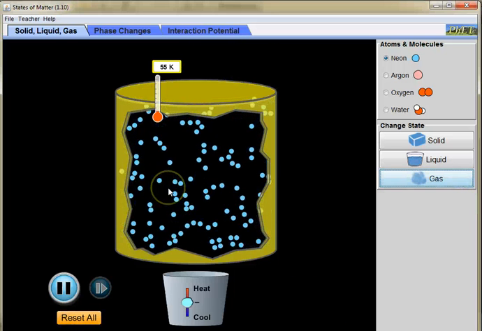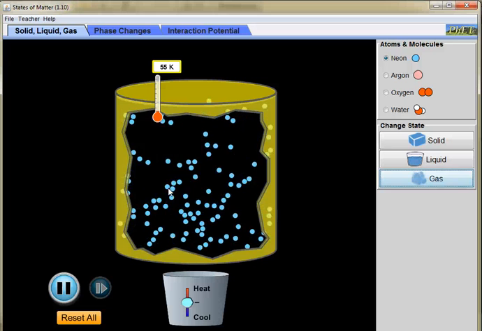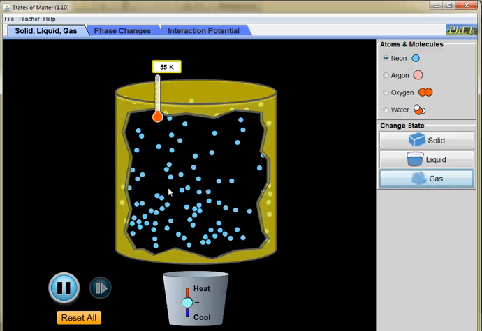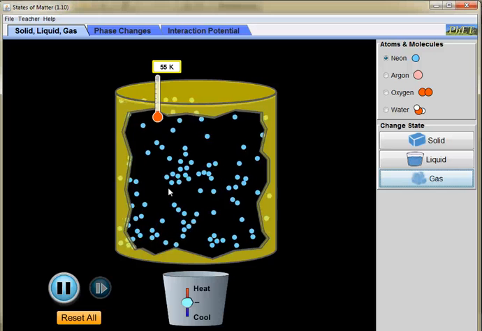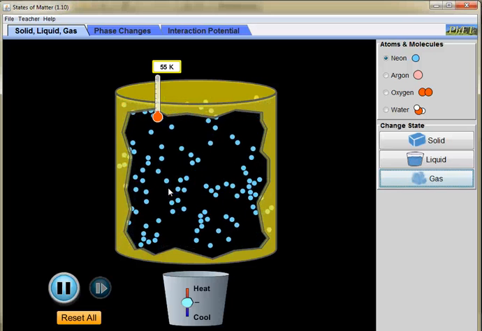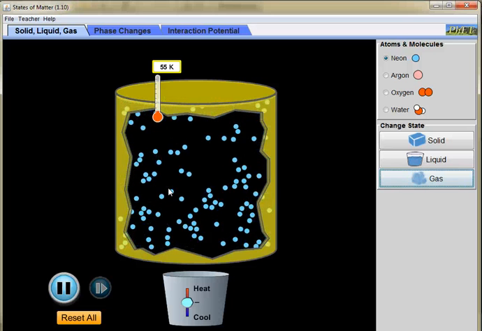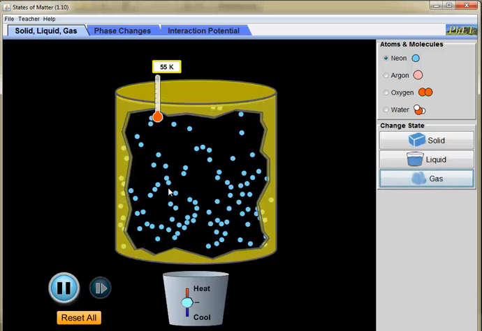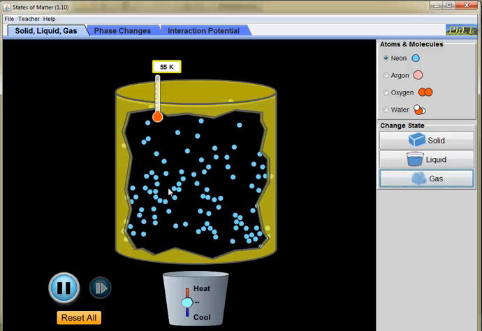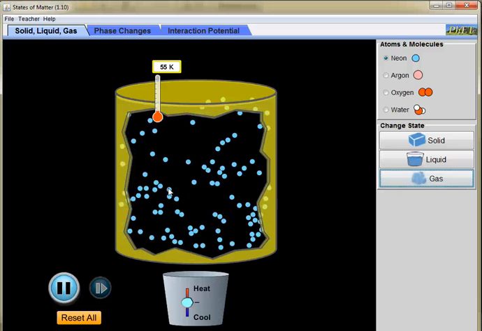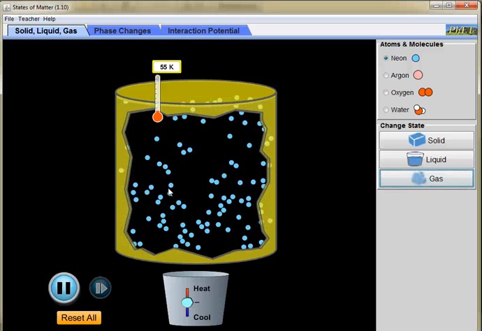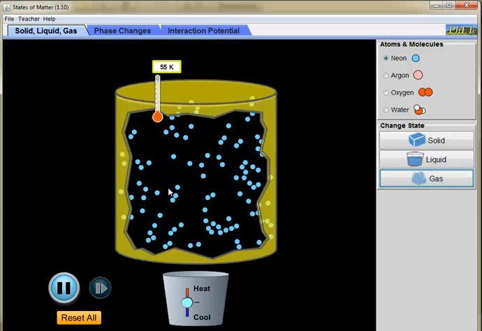If we had more particles, that would exert more pressure on the container. If we had lower temperature, then there would be lower pressure. If we had more temperature, then that would definitely be more pressure. Temperature and pressure are directly related.